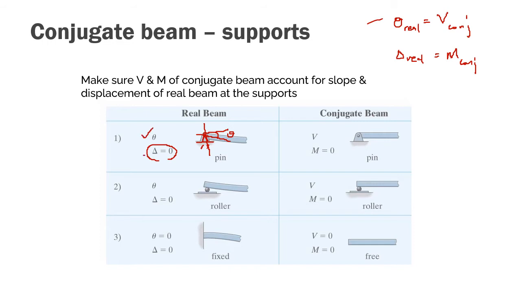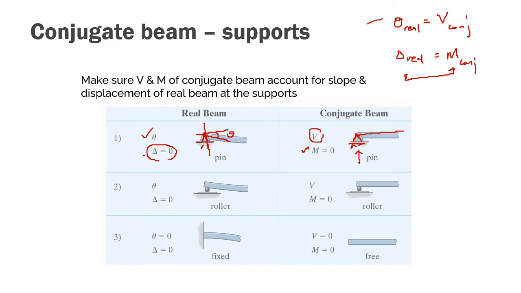So basically, at that point in your conjugate beam you have to get a value of shear, but your moment has to be 0, because that's how they are related. By having a pin end on your conjugate beam, you make sure that you have shear at this support but your moment is 0. So if you change your real beam from pin to a conjugate beam which is also pin, you will satisfy the condition.